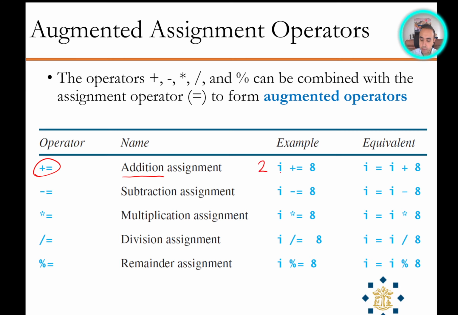After this, i will be 10, because what you do is you increment i by 8. So that plus equals is an increment operation. Similar to minus equals, if you have, for instance, minus equals 8, let's say i is 2. After decrementing 8, i will be minus 6.